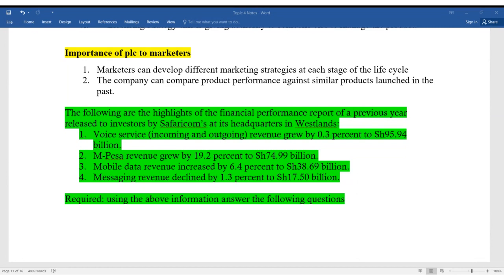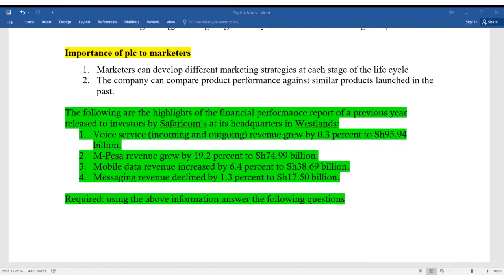Very good. Now, I'm going to place on the portal this question. You can also use it as your practice question as you analyze those key areas. The notes are already there.